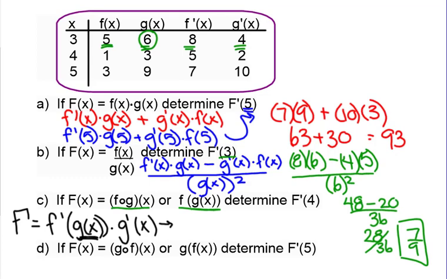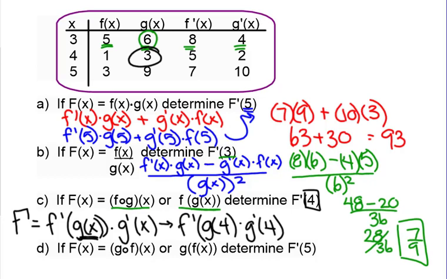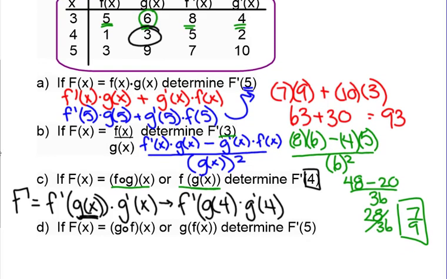We're doing it at 4 to start off with. So we're going to have f prime. Well, g of x at 4 is 3. So in our brackets, we're having g of 4 times g prime of 4.